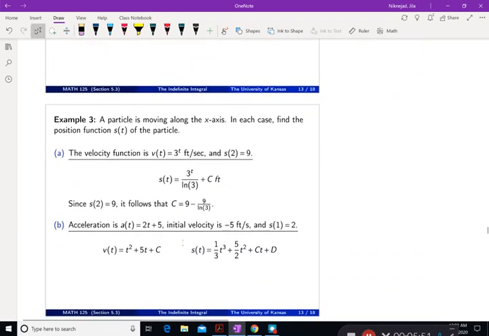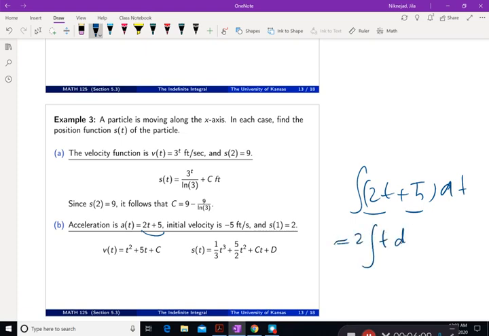So for velocity, if I take the antiderivative of 2t plus 5 dt, we know we have to take the antiderivative term by term, and so 2 times the antiderivative of t dt plus 5 times the antiderivative of 1 dt, and so 2t to the power 2 divided by 2 plus 5t plus c, and that's the antiderivative. Then I have to take another antiderivative of that to find s of t.